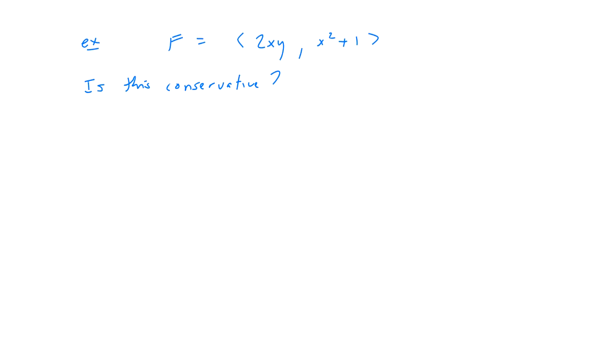So for now, let's just ask if it's conservative. And let me remind you, there is a function f so that the gradient of that function is equal to what we have here.